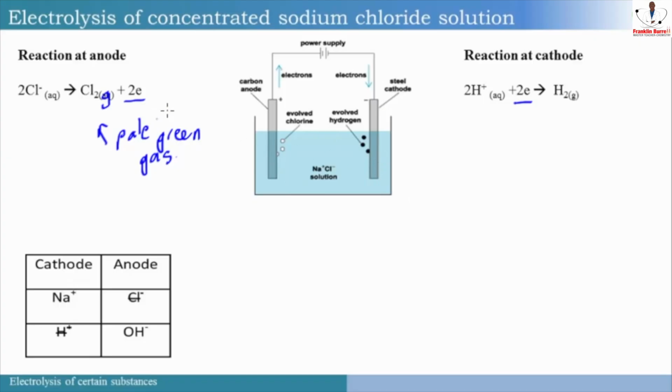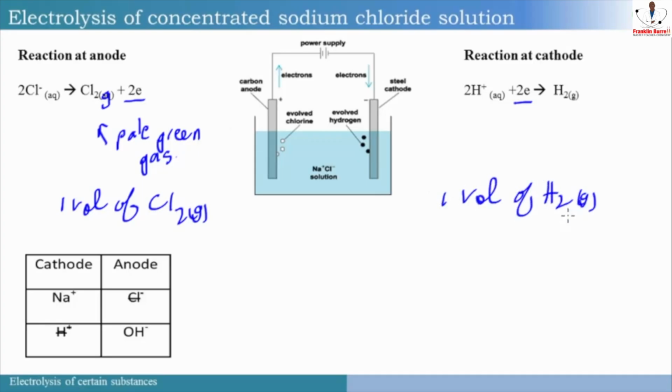In this case, the number of electrons lost is 2. The number of electrons gained here is 2. So the volume of both gases is the same. So we have one volume of Cl2 gas being produced at the anode, while we have one volume of H2 gas being produced at the cathode. So the effervescence is the same.